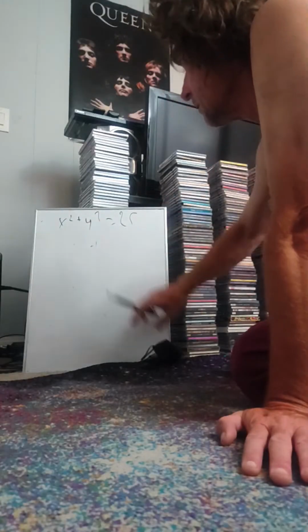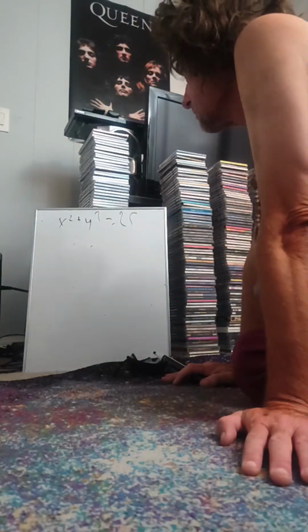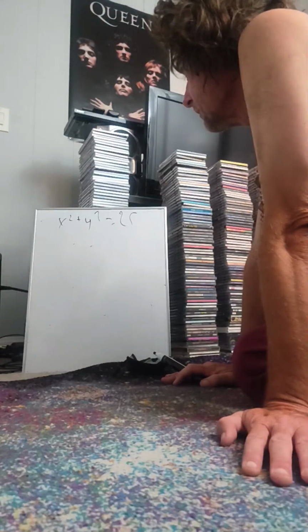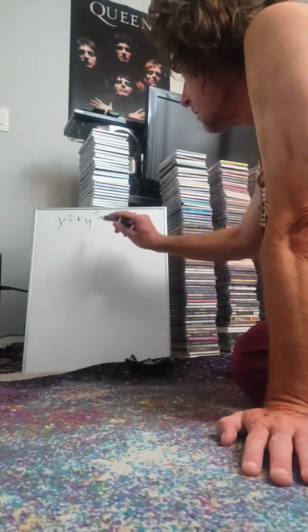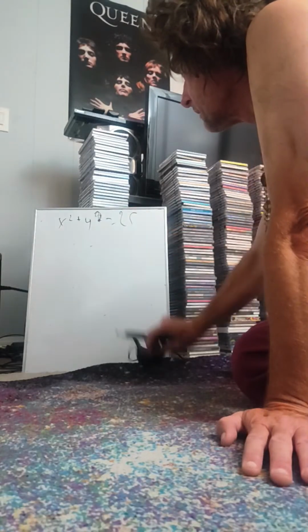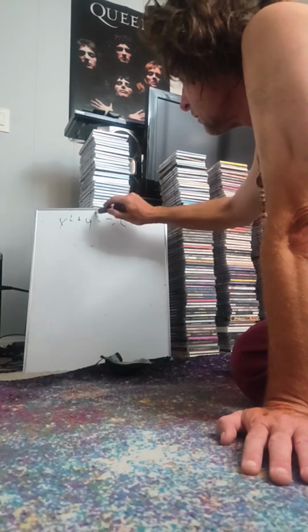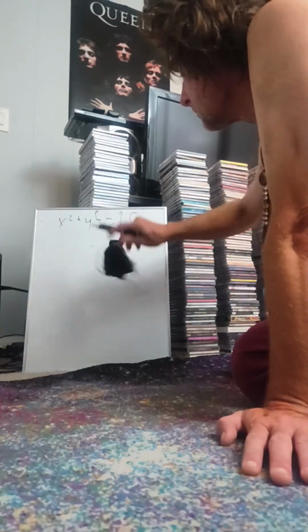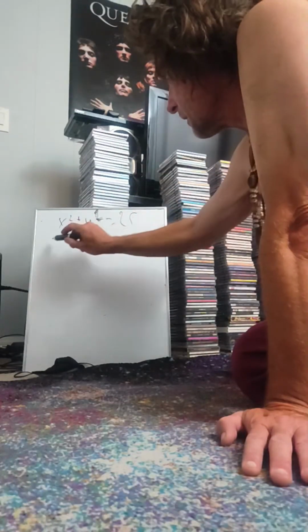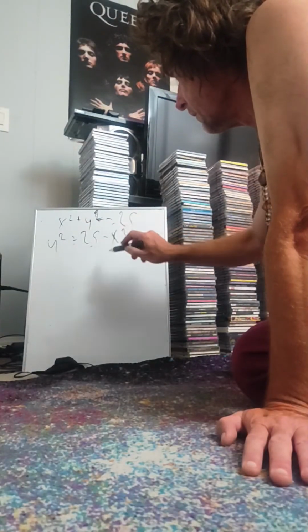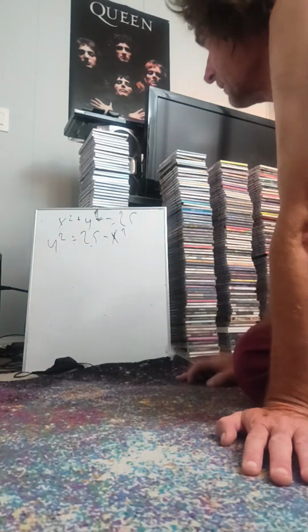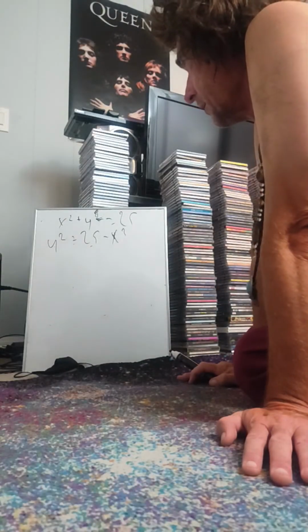Am I getting rusty? Let's go y squared equals 25 minus x squared. Now, what is the derivative of y?